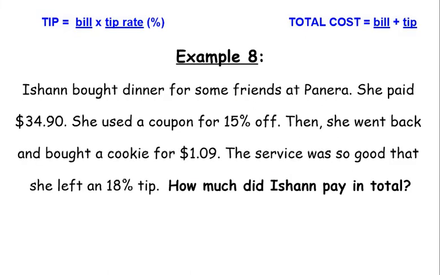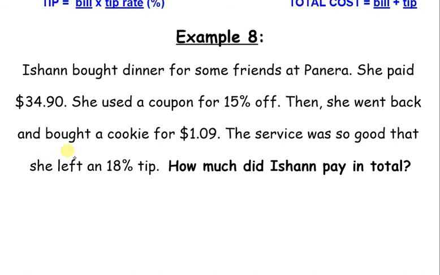Okay, example number 8. All right, Ishan bought dinner for some friends at Panera. She paid $34.90. She used a coupon for 15% off. Then she went back and bought a cookie for $1.09. The service was so good that she left an 18% tip. How much did Ishan pay in total?